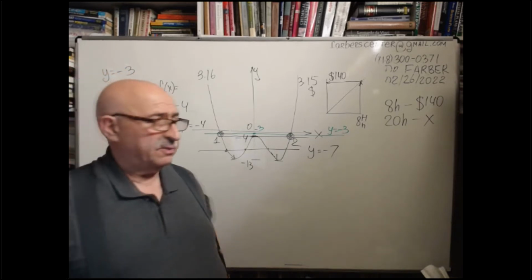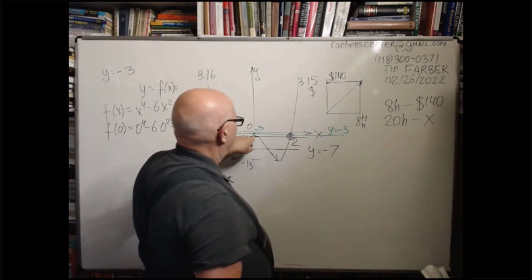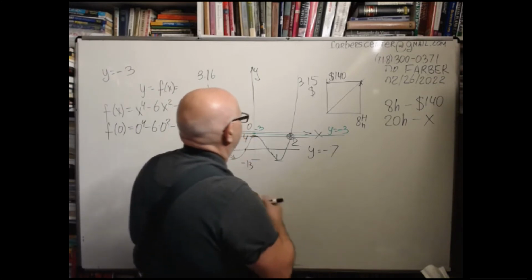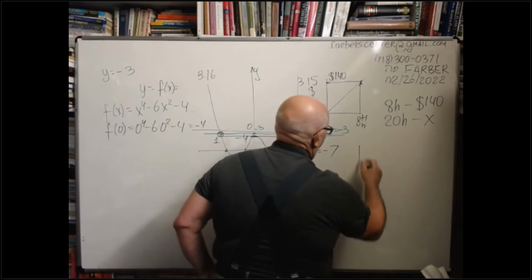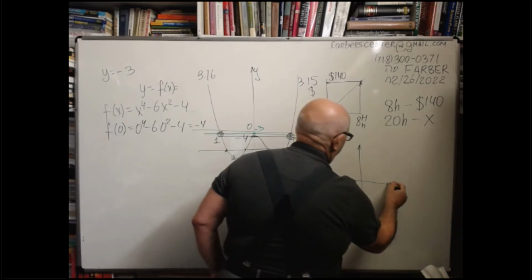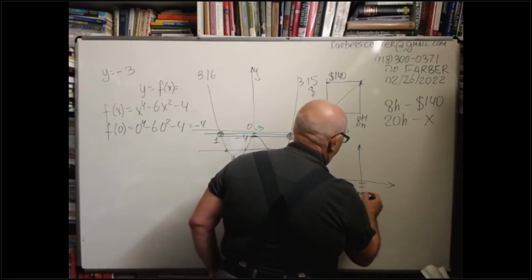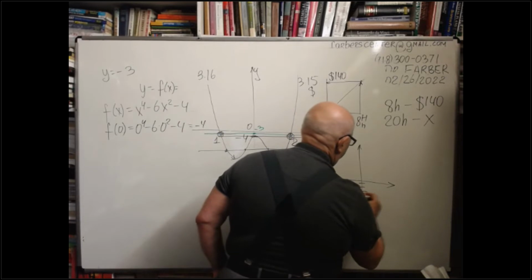Let's mention this. You have 2 graphs. I just found this point, and y equals -3, like you did in 6th grade. When y equals -3, the line goes like this.